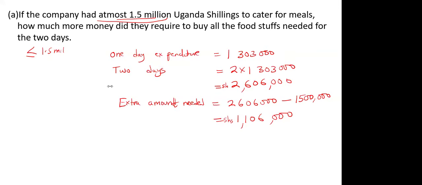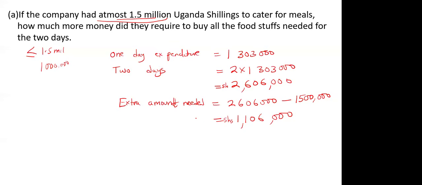Why? Now let me give you a reason for using the words at least instead of more than. One, our assumption has been that the company had a maximum of 1.5 million. But there are chances that the money they had was less than 1.5 million, because when we say at most 1.5, it means the company might even have had 1 million in their pocket.